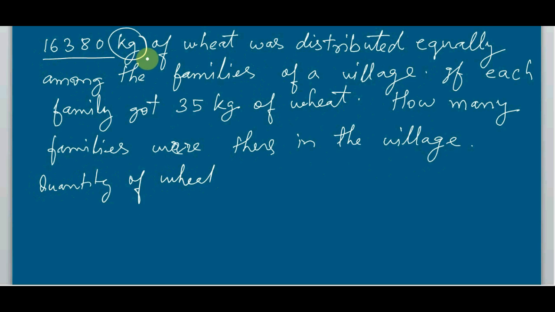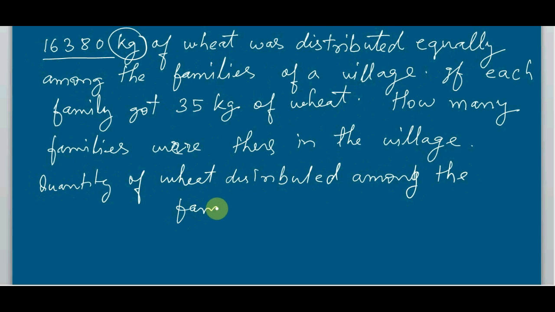It is given kg of wheat, so in place of this number I write quantity of wheat distributed among the families equal to 16,380 kilograms. So this is the first statement.